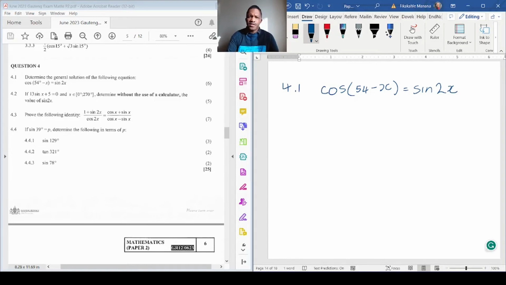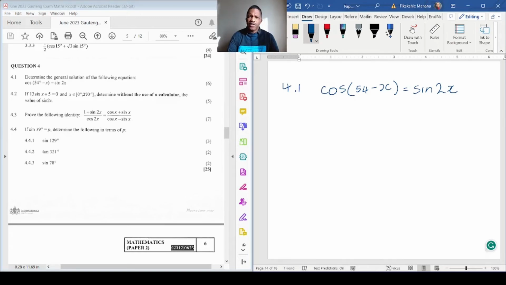Now from this we can see that since we have two of these, we have cos and sine, it's probably going to be that one where you equate the things that are inside, if I can put it that way. The variables and numbers that represent the degrees.